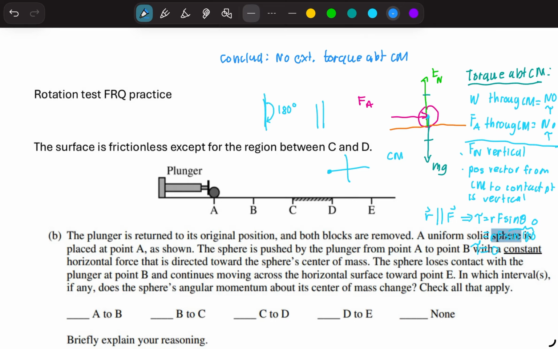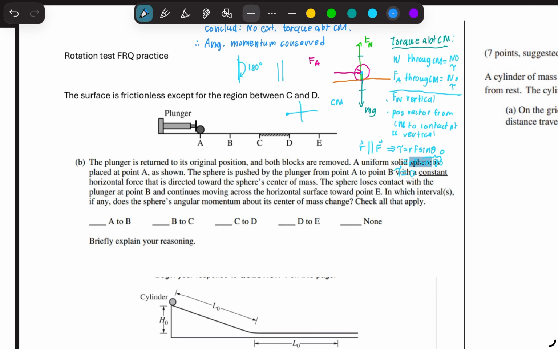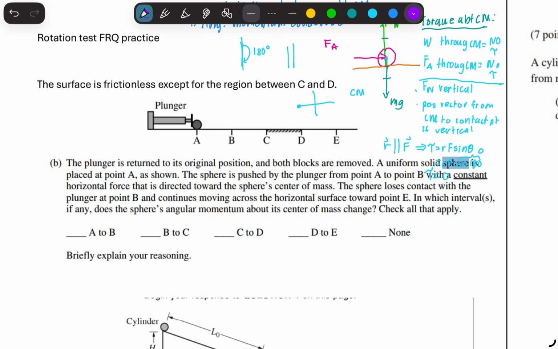And what that means is that you can conclude that angular momentum does not change. So it's going to be conserved because they all cancel out or are equal to 0. So now we can analyze what is going on in each interval.